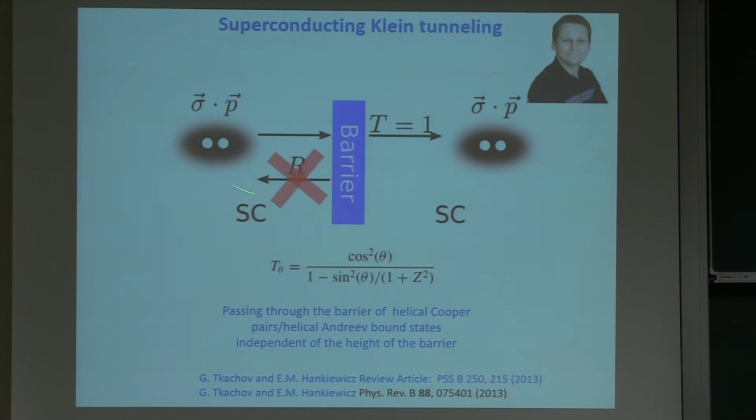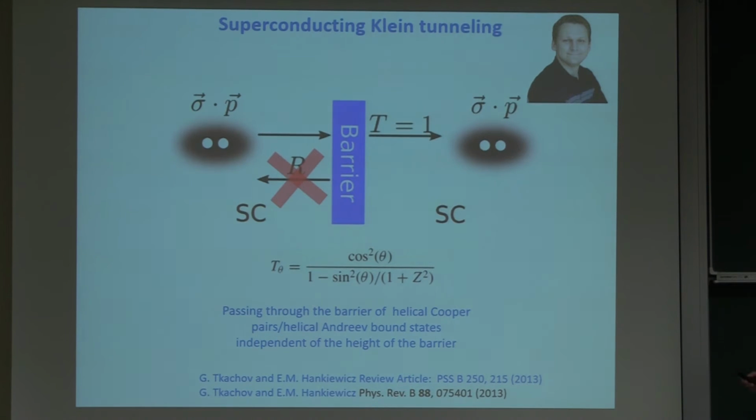Let's say I have this correlation, which is sigma dot p in my system, this kind of helical correlation. Now I'm getting to the barrier, and I ask myself what happens. If I consider the lowest mode, py equals 0, then I do not have a surface to backscatter. This is exactly the lack of backscattering which we saw for the surface states in the normal material. It's now coming into the superconducting material.